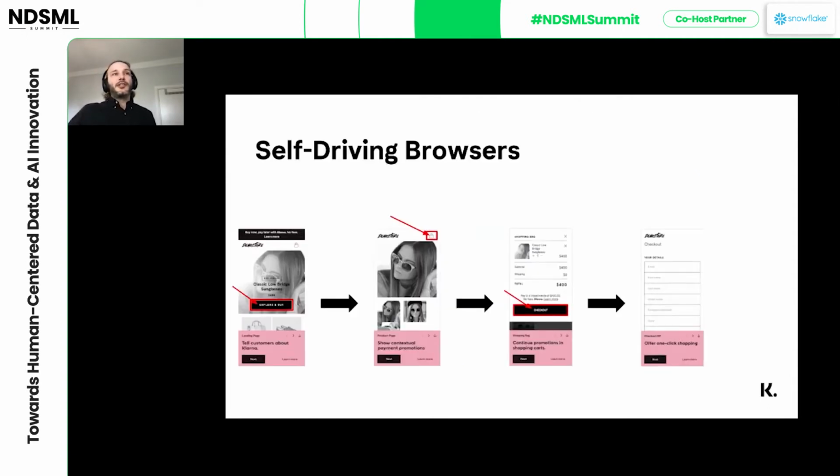Going back to autonomous agents, a self-driving browser would, in theory, have to complete roughly the same high-level steps as a car would. As an example, it needs to figure out where it is in its environment and what the consequences of its immediate actions are. Am I on a checkout page? If I click this button, will I complete the checkout or will I empty the cart? And what it needs to execute in order to reach a desired result.